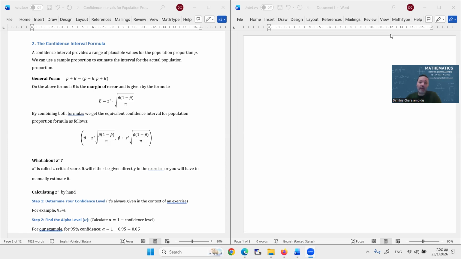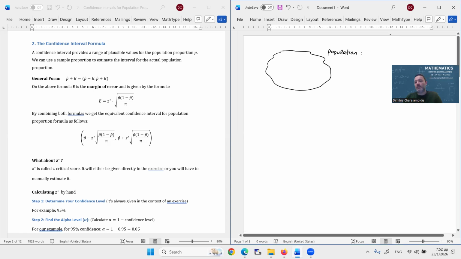Let's quickly remember the key concept from the first video. We have one population and we want a confidence interval of its proportion for a specific characteristic. On video 1, I used the example of those wearing glasses.